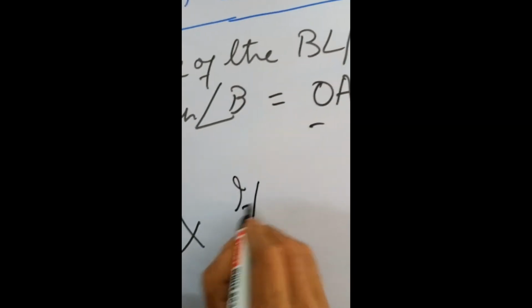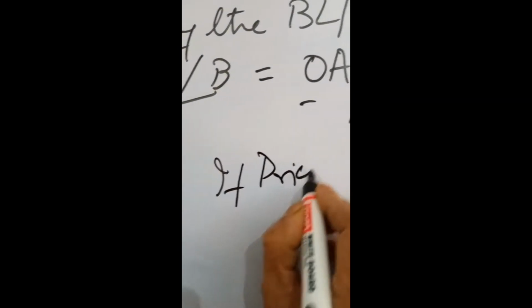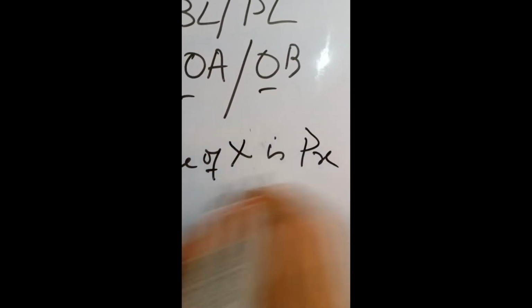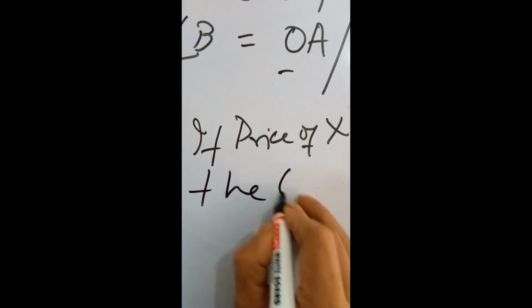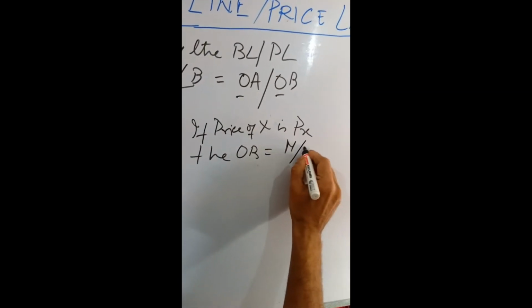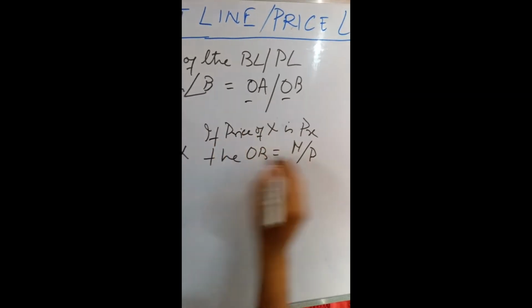If price of X is Px, then OB is equal to M by Px, which we have done just now.